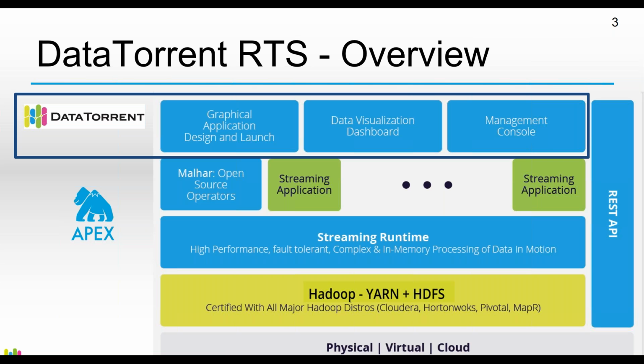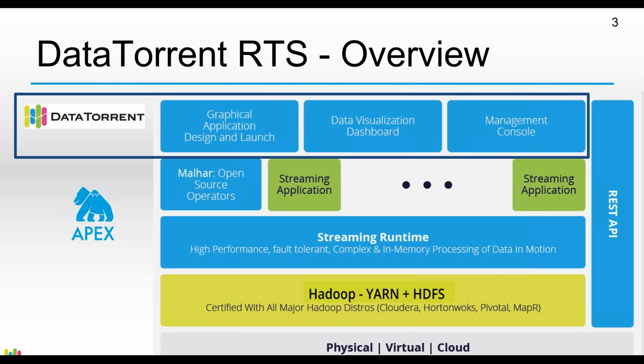You could parse the data, enrich your data, transform your data, apply more complex algorithms of your own as part of your own custom operator that you could add to Malhar or add to what we call an Apex application or streaming application.